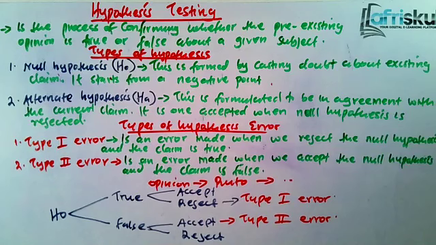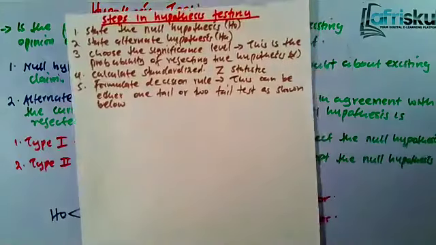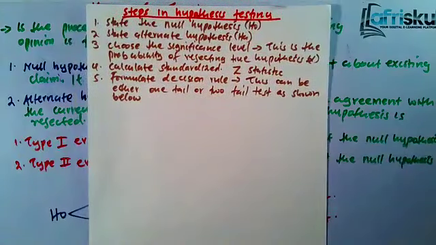So I want us to go to another part. Now let's look at the steps in hypothesis testing. What steps do we follow when doing hypothesis testing? Step number 1, you have to state the null hypothesis. After stating the null hypothesis, you also state the alternate hypothesis.